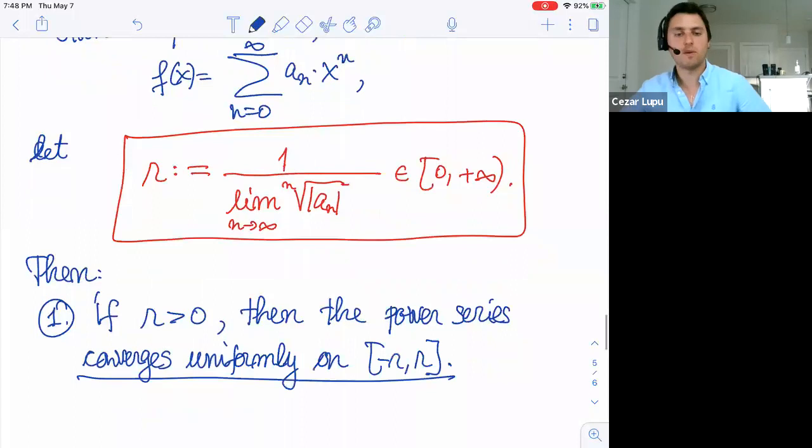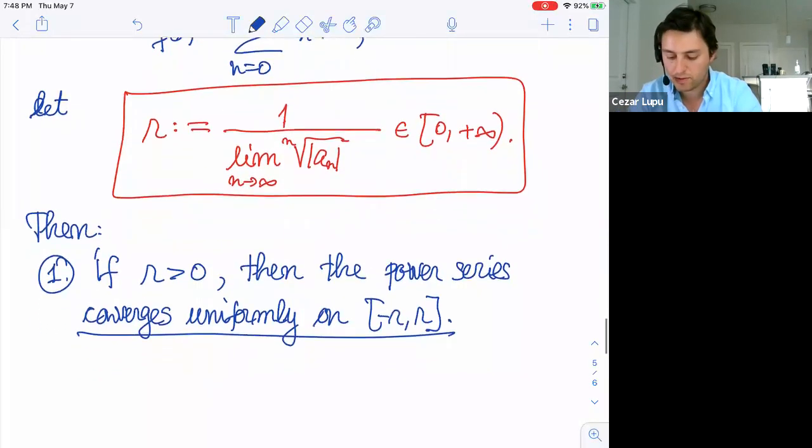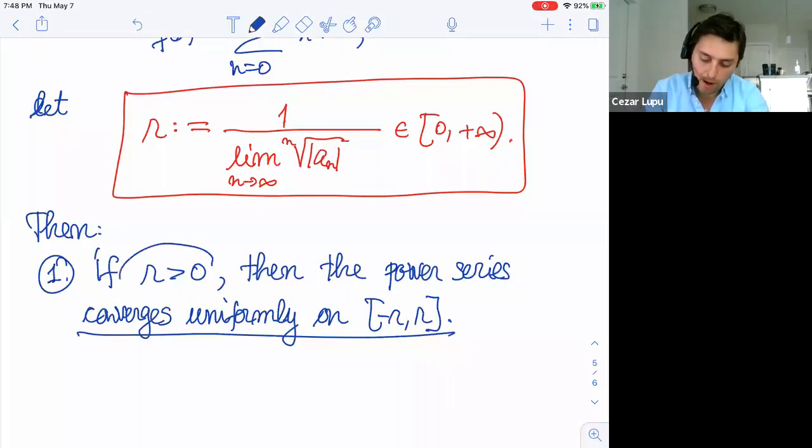This is how we determine which interval it converges uniformly on. You take 1 over the limit of the nth root of the coefficients, and this is how you determine the interval of uniform convergence for the power series. So for R positive, it converges uniformly on this.